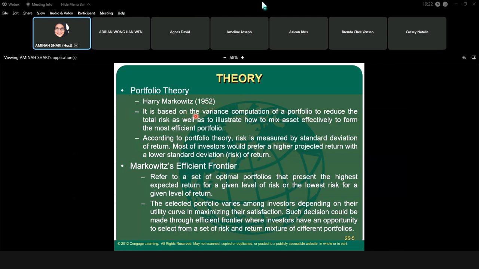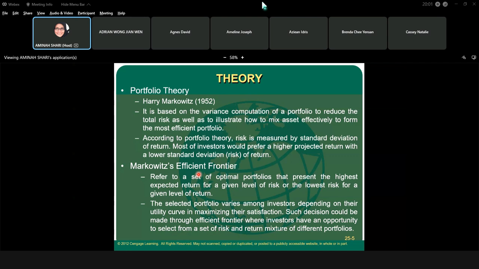It is based on the variance computation of a portfolio to reduce the total risk, how he mixes the assets or the portfolio effectively to form the efficient portfolio. That is why his name is here, the Markowitz efficient frontier. He developed it and the set of theory is named after the pioneer.